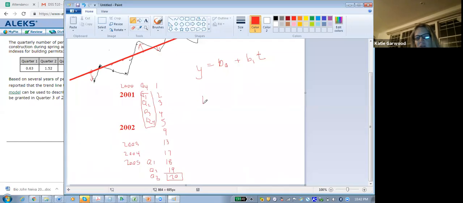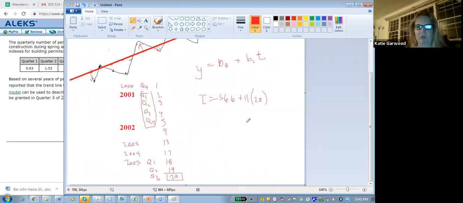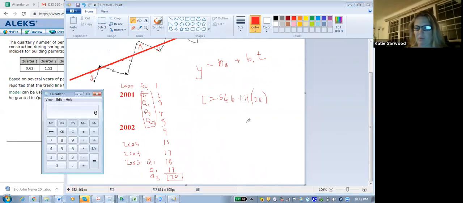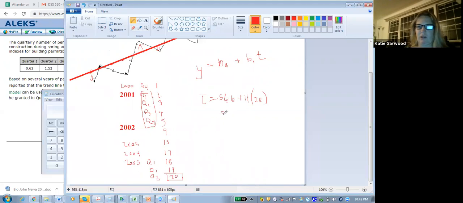Our equation, the prediction we're trying to make, is 566 plus 11 times t. So we needed to work out exactly how many time periods have transpired to get the 20 that we're going to put in here. To get the first part of our prediction, we need 11 times 20, which is 220. So we're going to take 566 plus 220, and if we add 220 to 566, we're going to get 786.